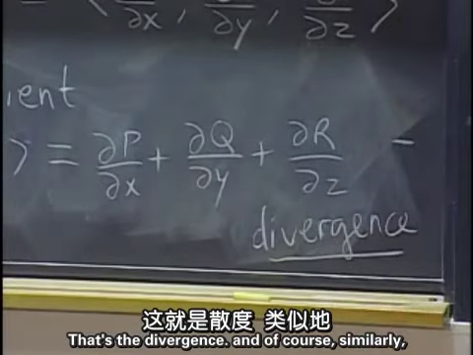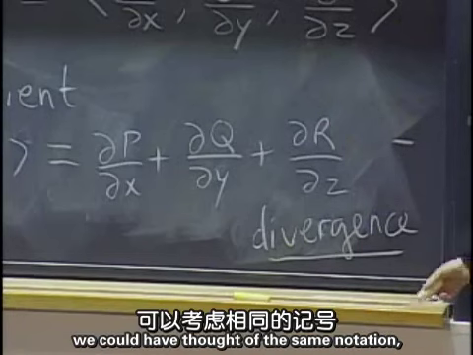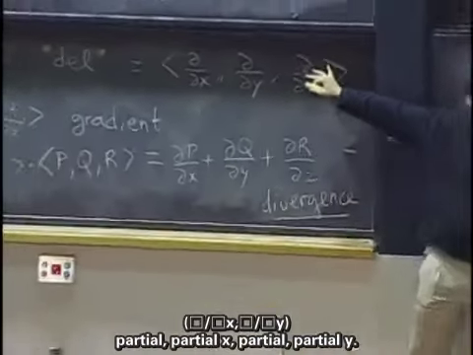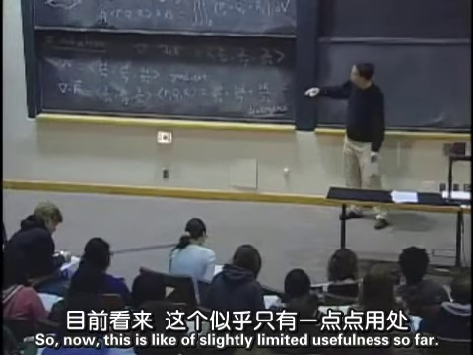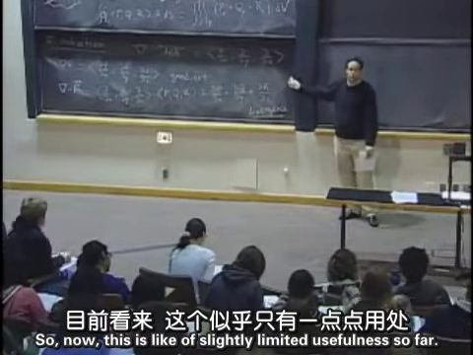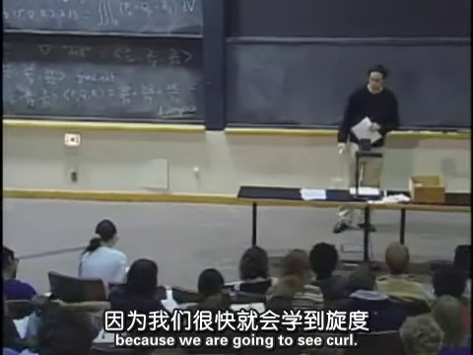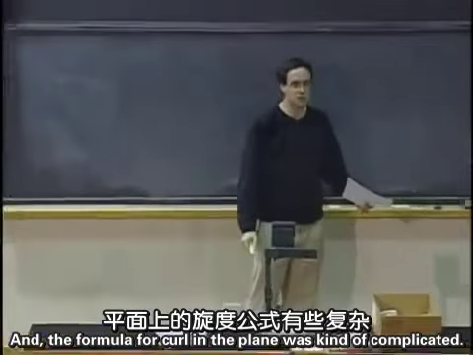Okay. And of course, similarly, when we had two variables only, x and y, we could have thought of the same notation just with a two-component vector, partial x, partial y. So now, this is of slightly limited usefulness so far. It's going to become very handy pretty soon because we're going to see curl. And the formula for curl in the plane was kind of complicated.